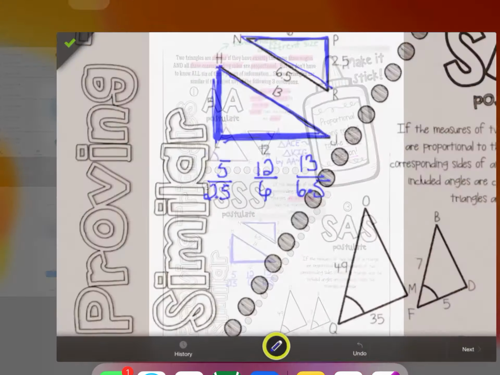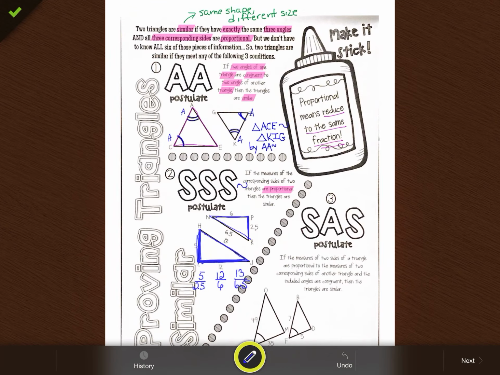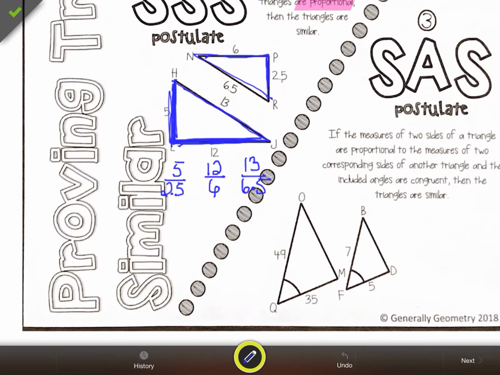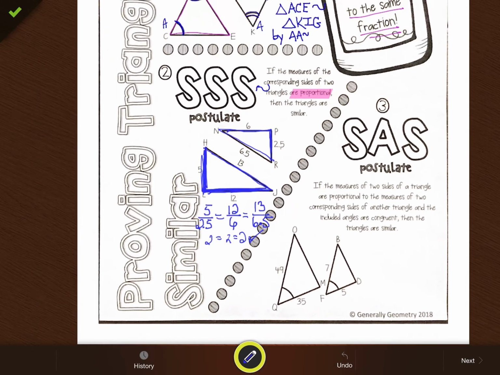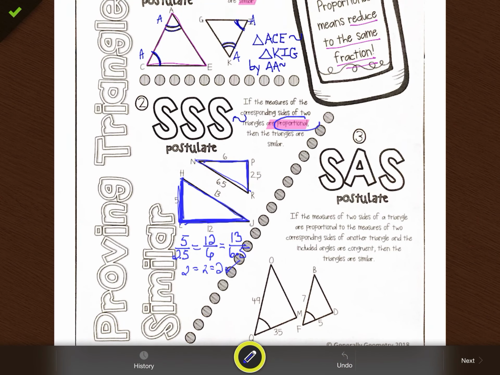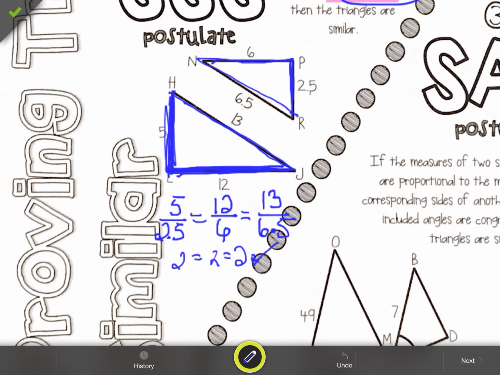Since they are all exactly the same, then you can say your sides are proportional. If your sides are proportional, and I'm going to put equals because that's true now, you need to write what number you got. I got a 2, a 2, and a 2. That shows me that you checked to make sure that your sides were proportional.